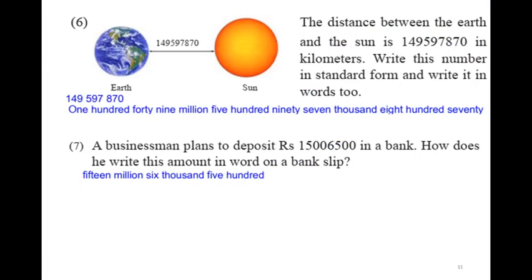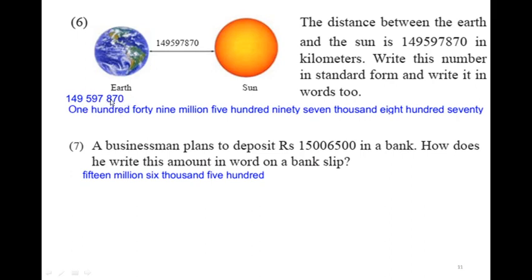Let's look at the sixth one. The distance between the earth and the sun is given by this number and it is in kilometers. Write the number in standard form and write it in words too. So we can separate from the left. You can write it in standard form like this and we have to read it. So this is units.